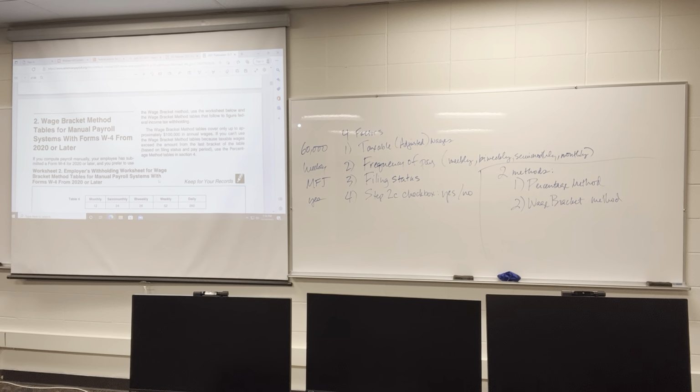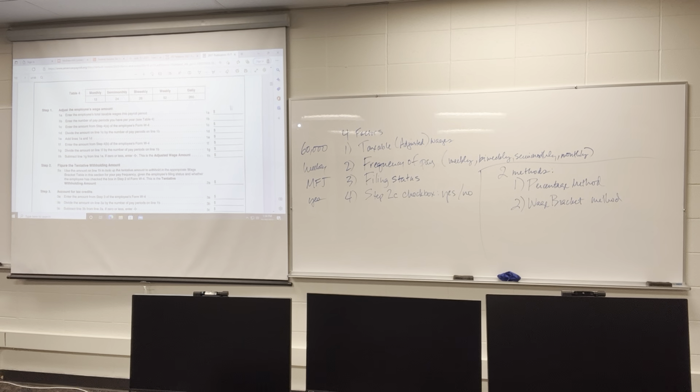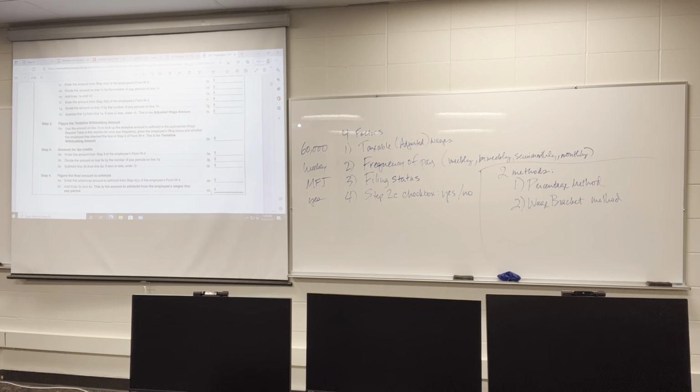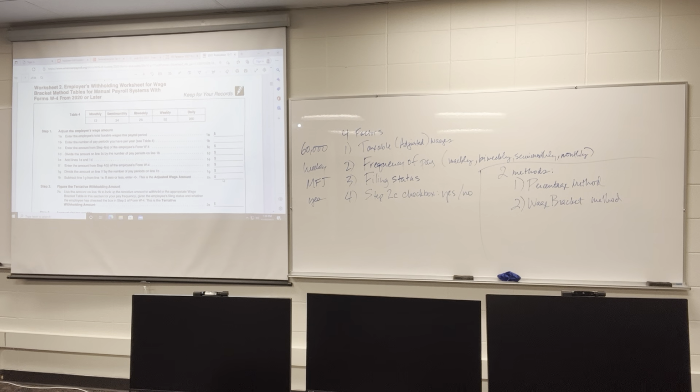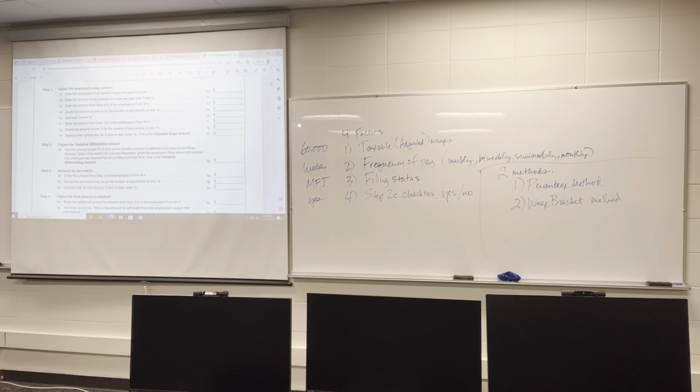So the wage bracket method, we still have this form to fill out, but it's a little shorter. A lot of the calculations are the same. You still have to arrive at the adjusted wage amount. You still have a spot for credits. The tentative withholding amount though, once you've got the adjusted wage amount, you're going to look up the amount of withholding from the table.